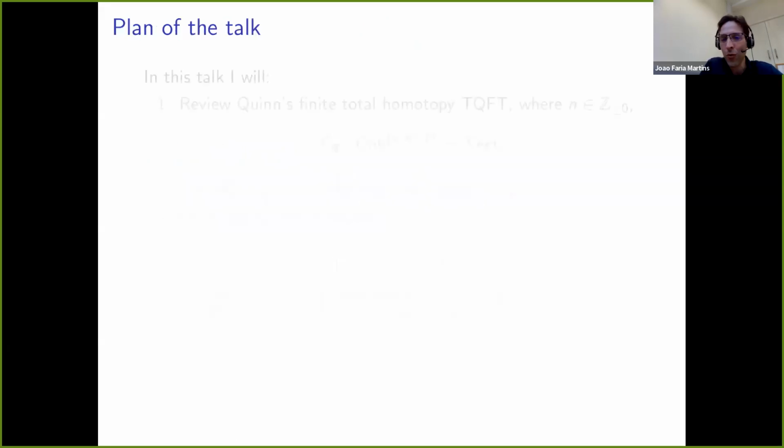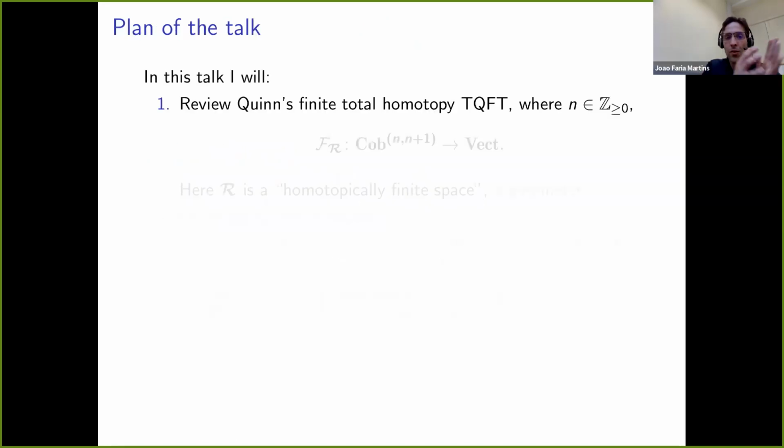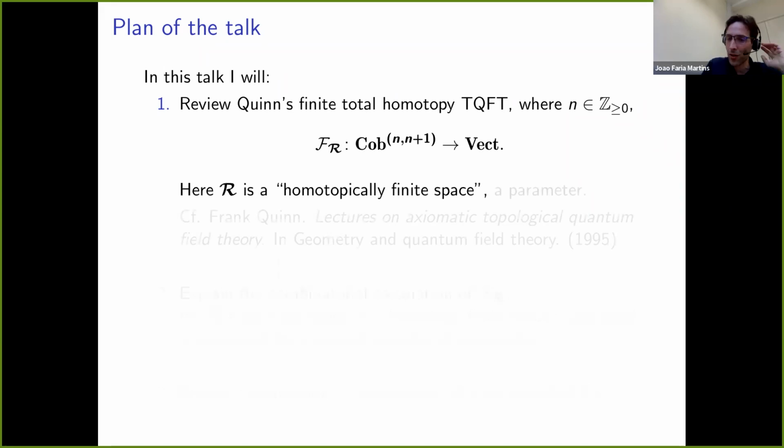Right, so what is the plan of this talk? In this talk, I'll review Quinn's finite total homotopy TQFT, where n is a non-negative integer. So this is a functor from Cob(n+1) into Vect. I think this was a well-known construction back in the 90s, and it sort of was forgotten for some reason, but it's quite a nice construction, a toy model for TQFT.